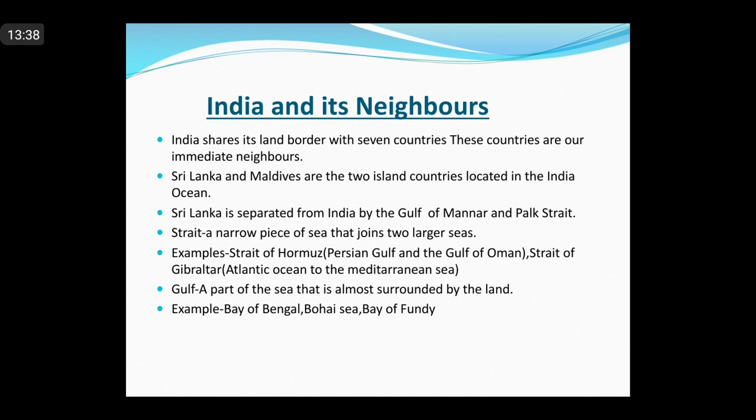The Tropic of Cancer passes through India and divides it into 2 parts, northern and southern, the temperate and the tropical. One very important thing is that it has an impact on the climate, vegetation and soil. I hope you have understood this chapter very well.